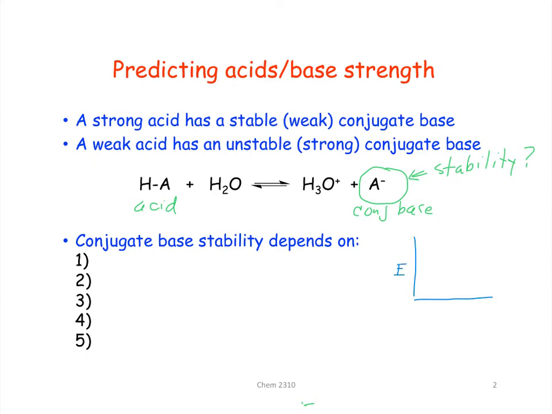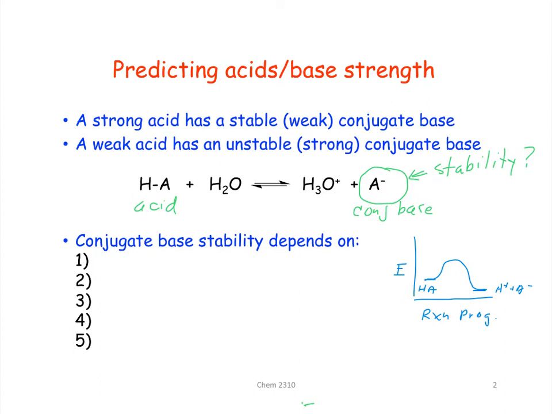This is energy on this side, and we would call this reaction progress. And remember, when we draw these, we have some energy for our reactant, so this would be our acid, and then we have an energy for a product. So here would be the products over here, this would be H plus A minus, and we'd have some transition state in between those.